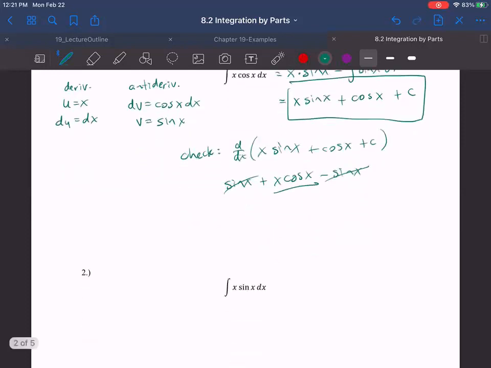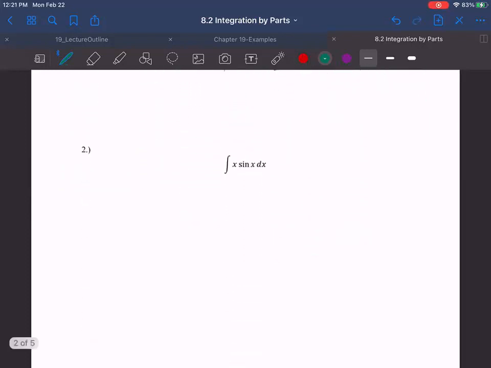All right, let's take a look at this one. Tell me, what should u be? x, okay. u equals x. What does dv equal? Sine x dx, there we go.